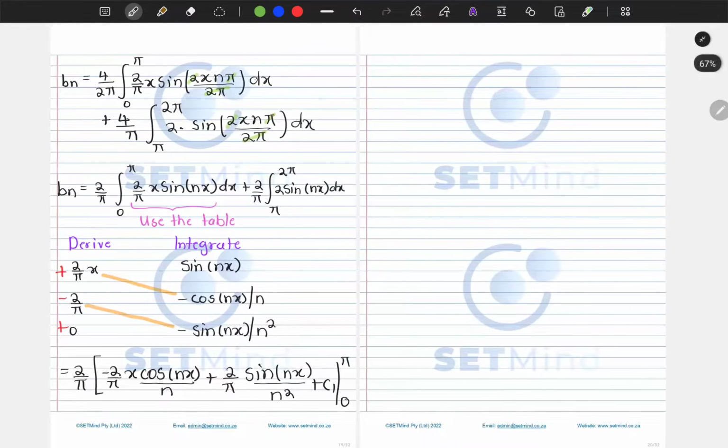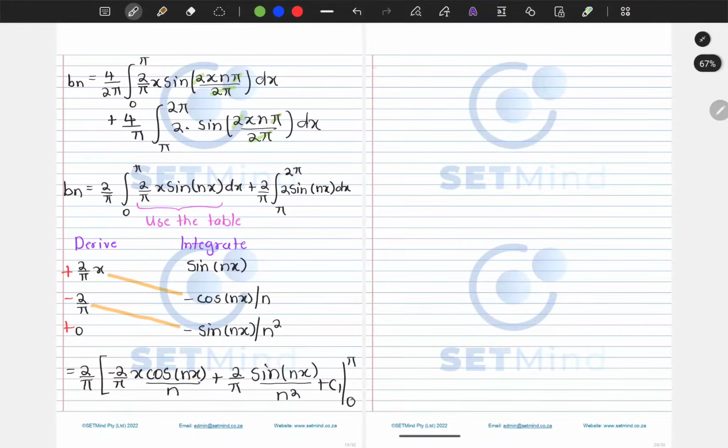Then we add the second part where we integrate that, which is very easy. It will be 2 over pi, and when we integrate sine we get negative cos nx divided by n, evaluated between pi and 2 pi.